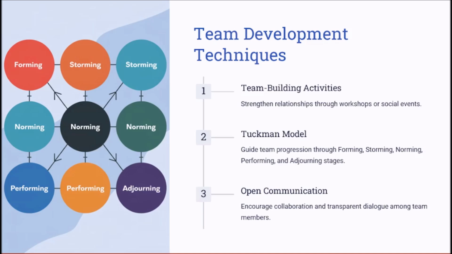For instance, let's say a project team is working on a new software feature and may initially experience conflict during the storming stage. We are going to cover the Tuckman model, and it starts by forming and then storming and then norming. So these are the key main stages.